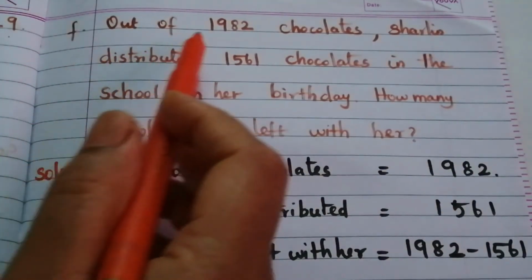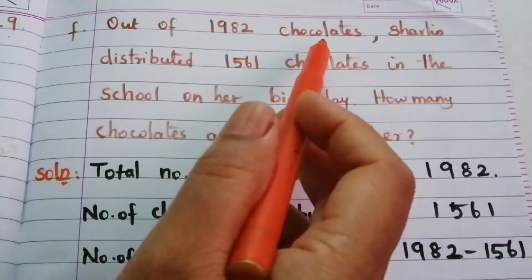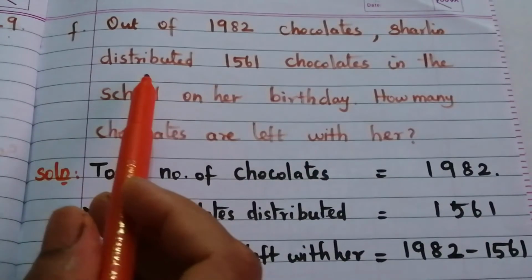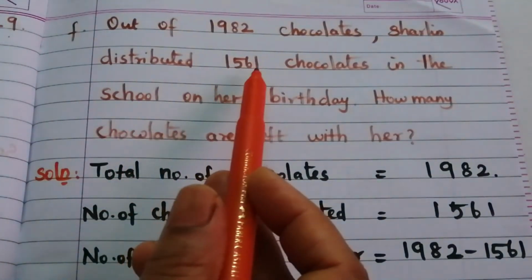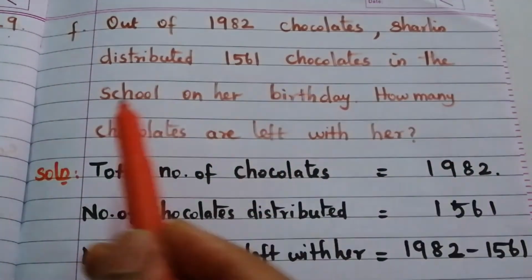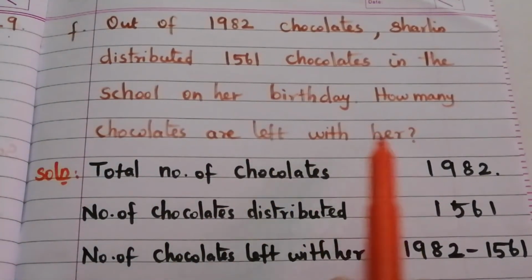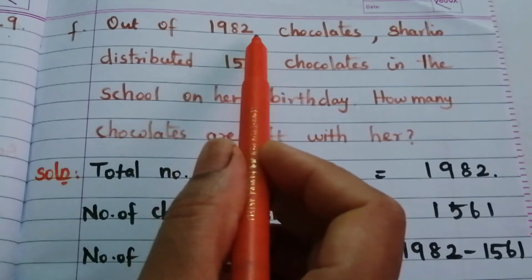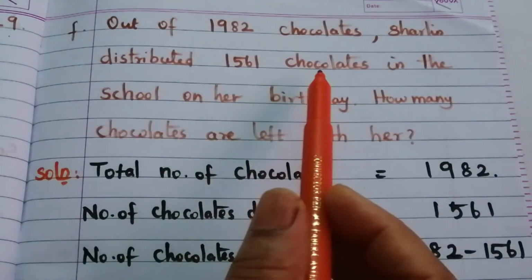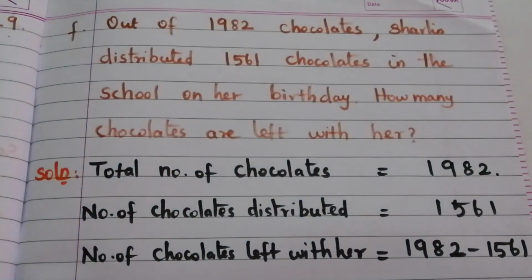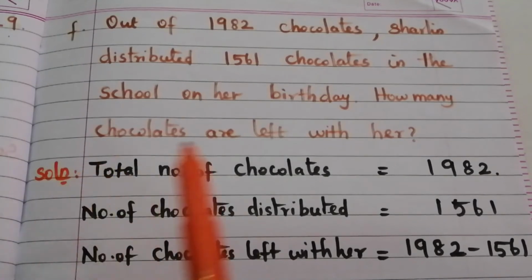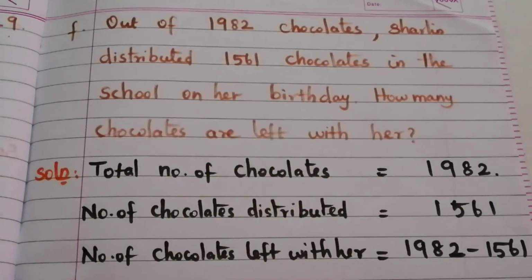F. Out of 1,982 chocolates, Charlene distributed 1,561 chocolates in the school on her birthday. How many chocolates are left with her? They have given the total number of chocolates and the number of distributed chocolates. They have asked us to find out the number of chocolates left with her.